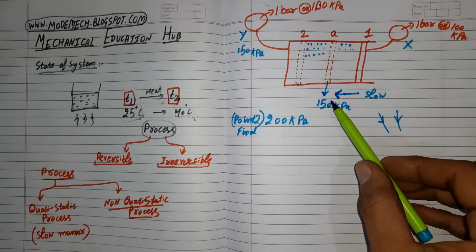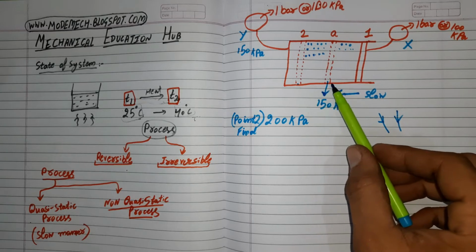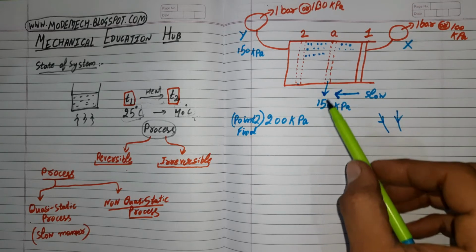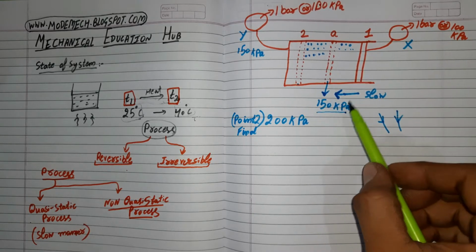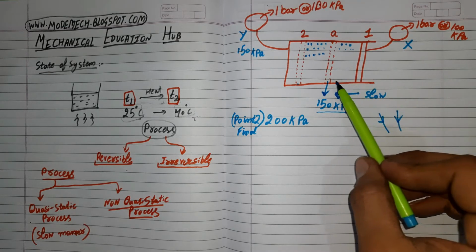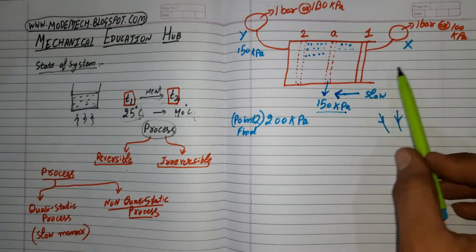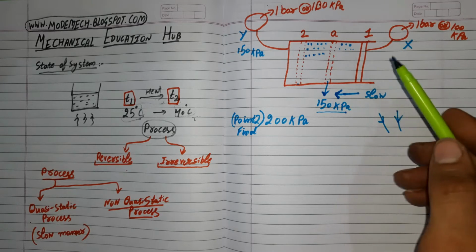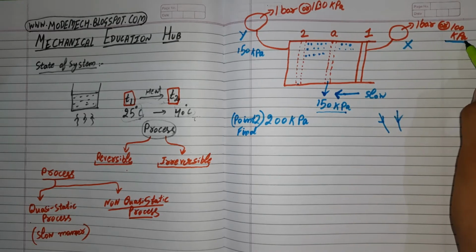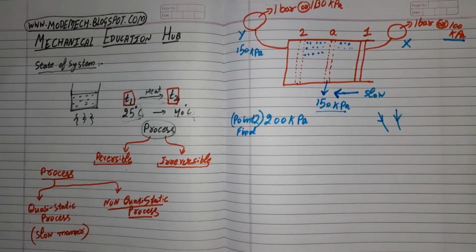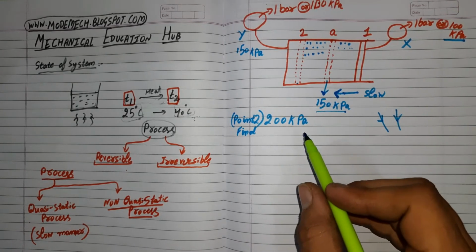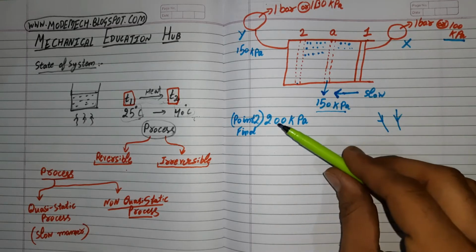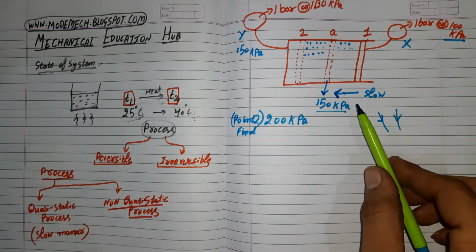During expansion also, the pressure at point A will be 150 kilopascals, and after the whole expansion our final pressure will be 100 kilopascals or 1 bar. Because this process is very slow, compression is very slow and expansion is also very slow.